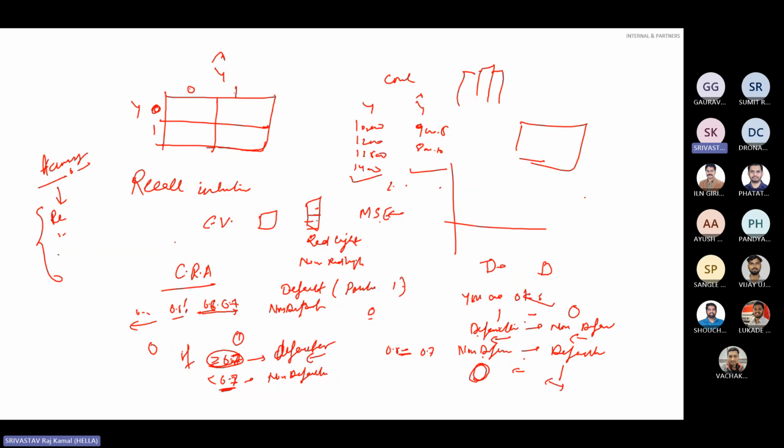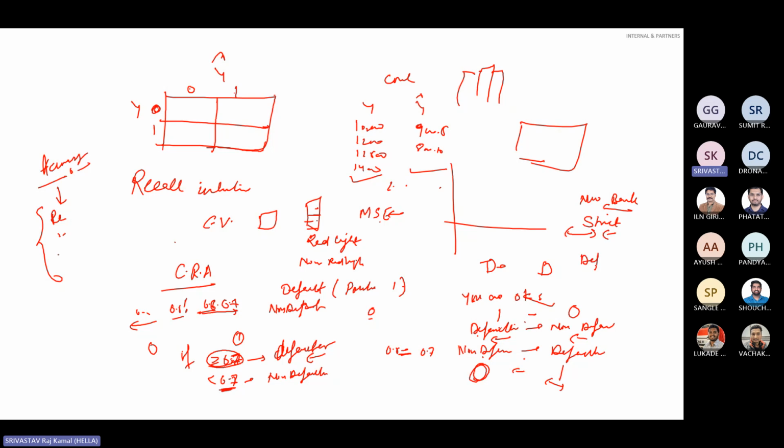For example, I'm a new bank. I have to be very strict. This bank needs to make sure all the defaulters are captured.